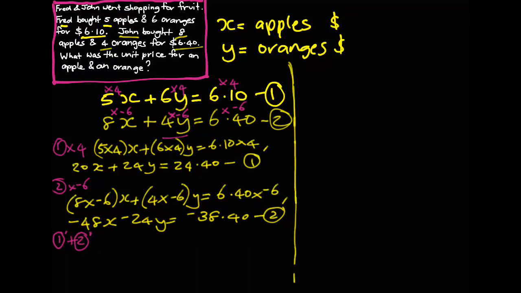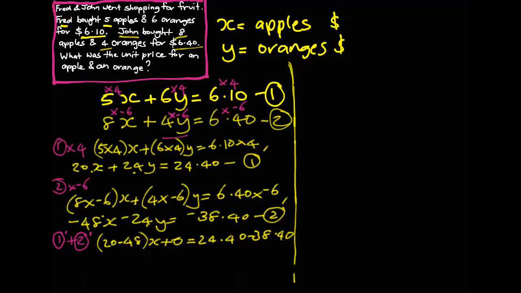So looking at 1 dash plus 2 dash, we add the x values, so we've got 20 minus 48x. We add the y values, so 24 minus 24 is 0, so it's just plus 0. And then we're left with $24.40 minus $38.40.